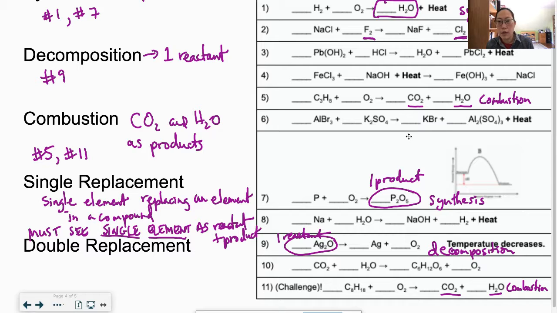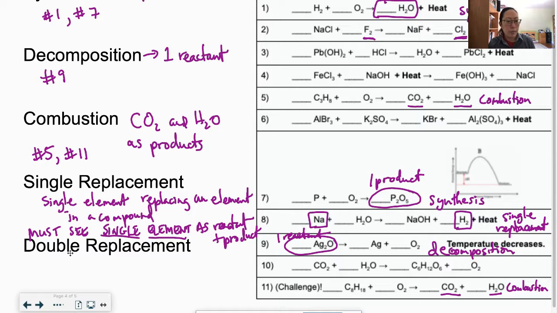Do we see any others? Here we go. Number 8. We see a single element, sodium, and it kicks out the hydrogen, a single element on the right. Again, this is single replacement. So for single replacement, we have to see those single elements on the left and on the right.